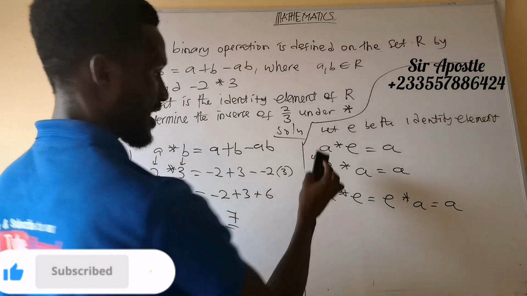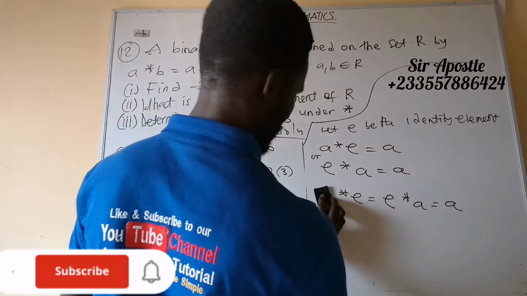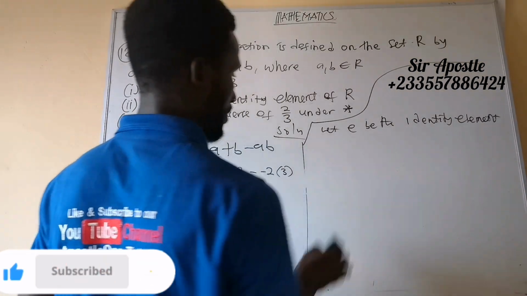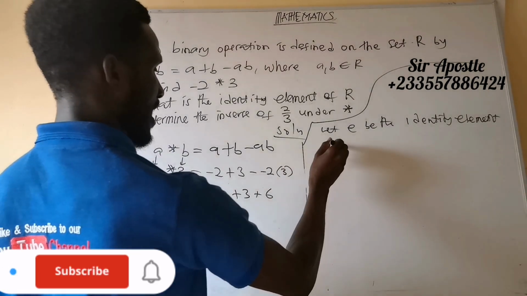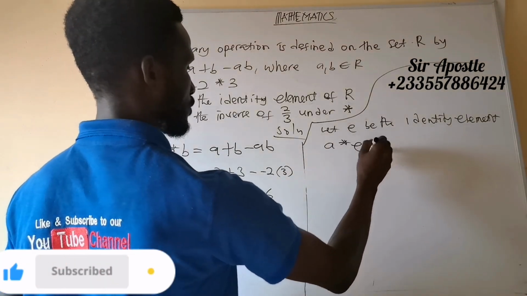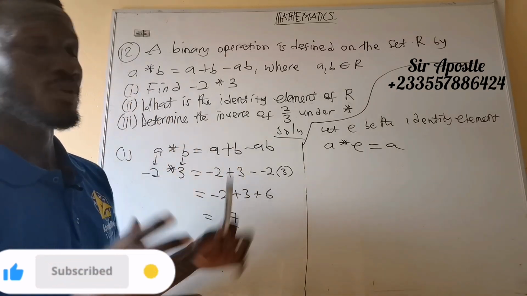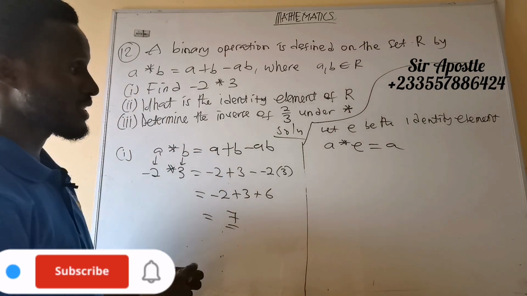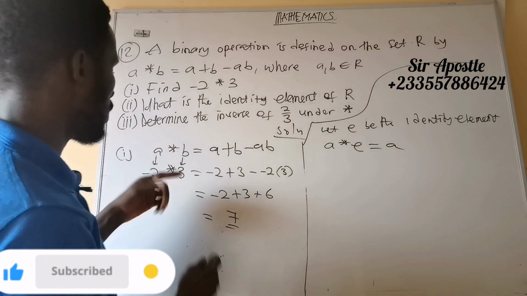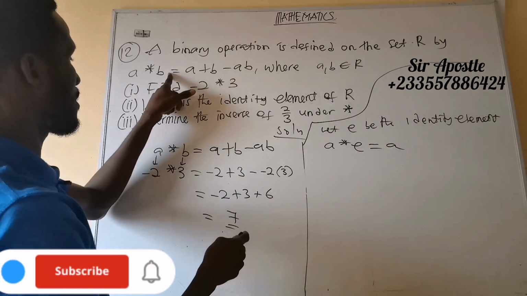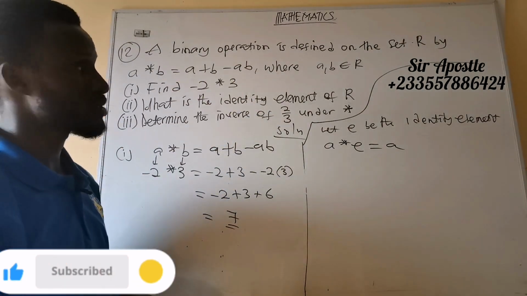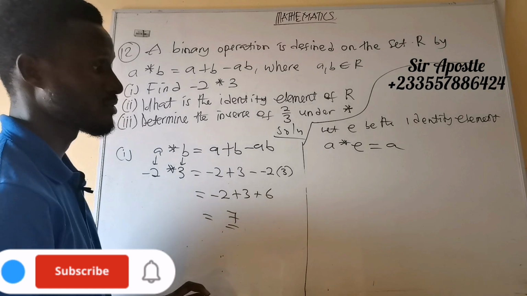Now let's see how we can find the identity element. For the identity element, if I have A operation E, I'm supposed to get A. Since the identity element is commutative, I have to compare this to the operation A operation B is equal to A plus B minus AB.